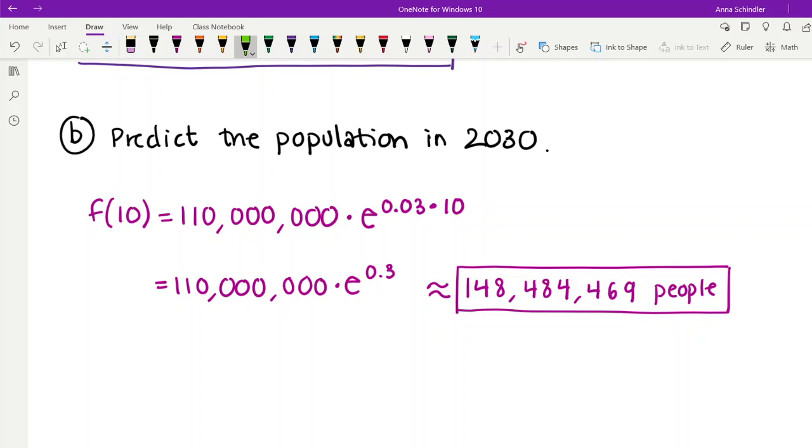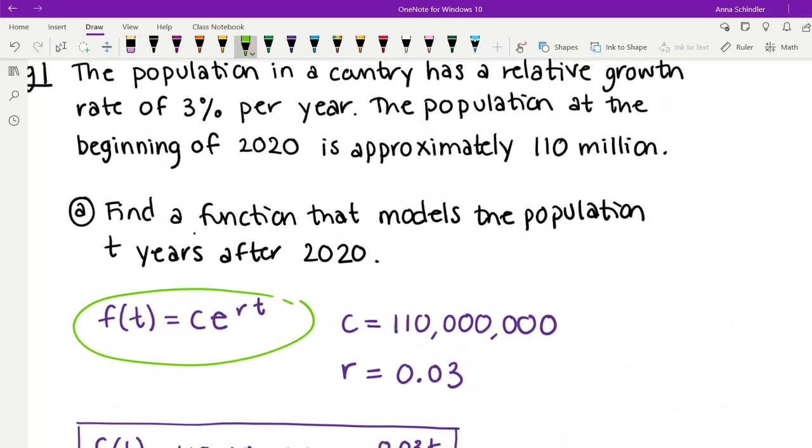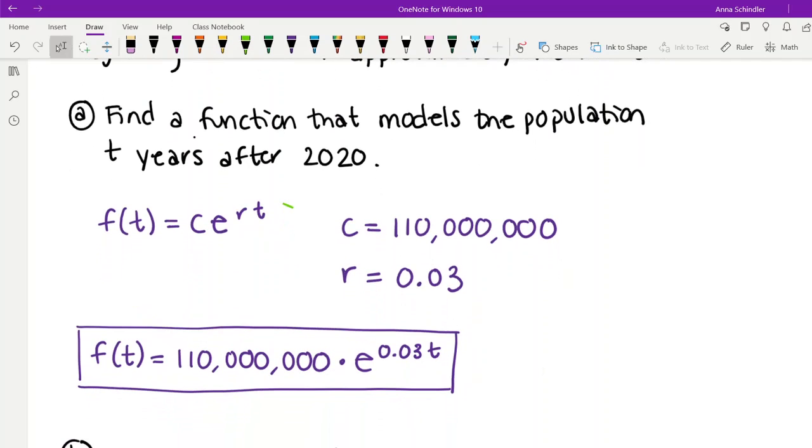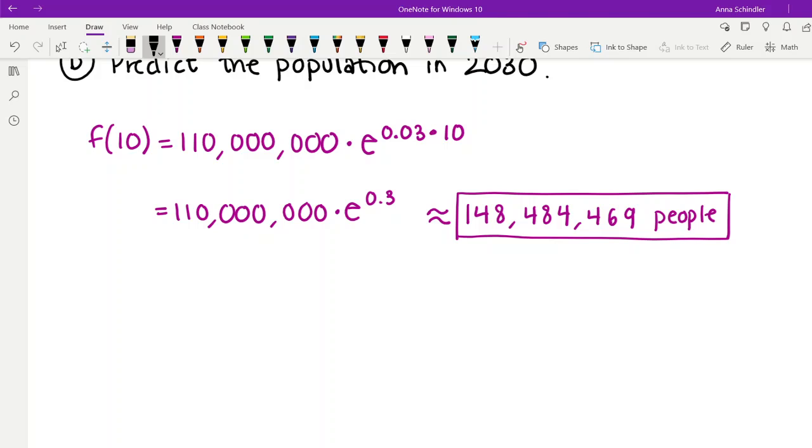We'll see in a later example that the only way to have an equation in this form and have it be a decreasing function, to represent a situation where an amount is decreasing, is if the rate is negative. It doesn't matter how big or small the rate is. What matters is whether it's positive or negative in terms of whether the function is going to increase or decrease. And again, we'll talk more about that in a later example.